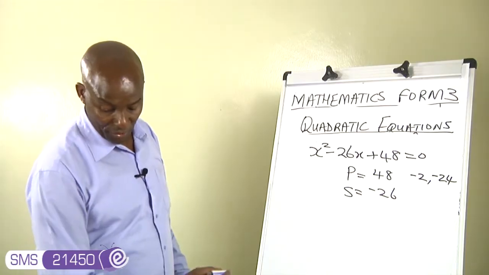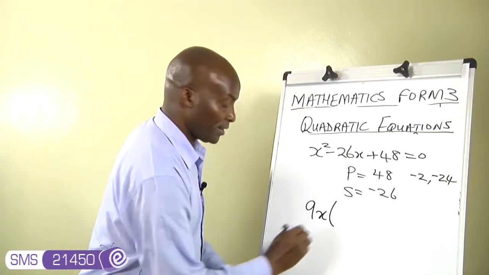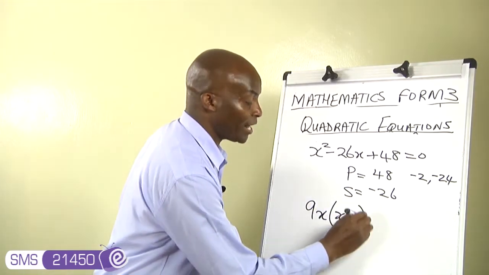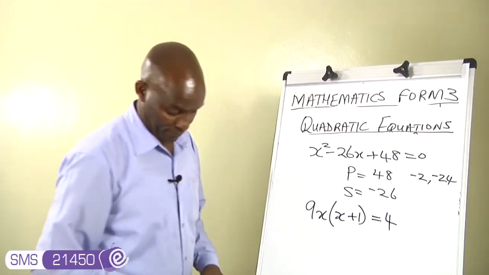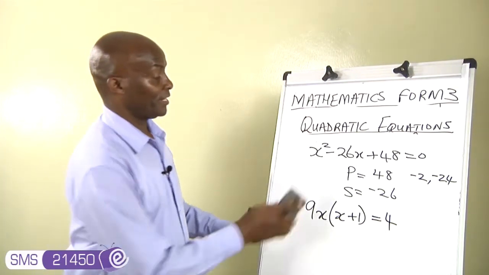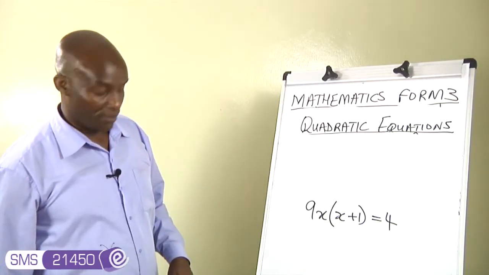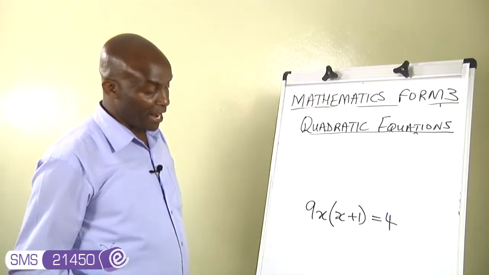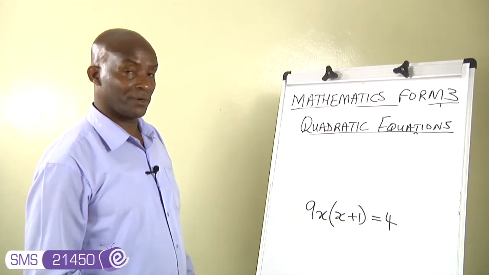Let's take another question. You are given solve 9x into x plus 1 is equal to 4. Now what you need to do in this is to open the bracket and rewrite it so that we have 0 on one side of the equation.